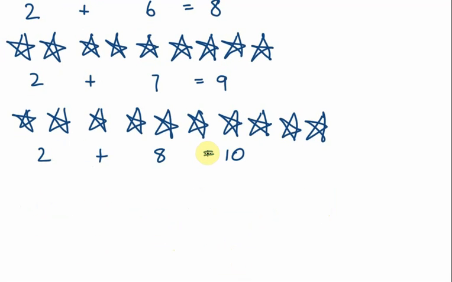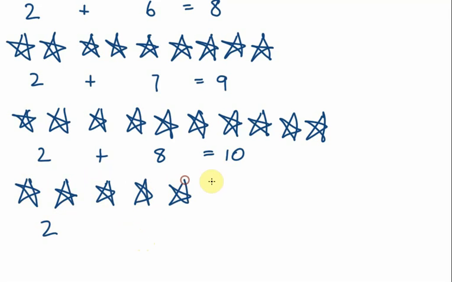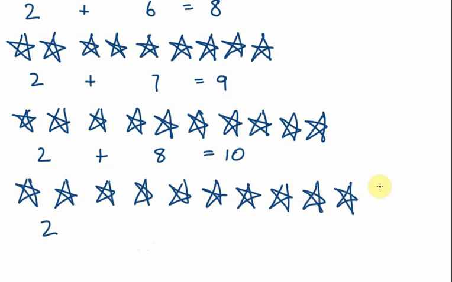Now let's try adding 2 stars to 9 stars. So let's count out 2 stars here. And now let's add another 9 stars. So we count them 1, 2, 3, 4, 5, 6, 7, 8, 9.